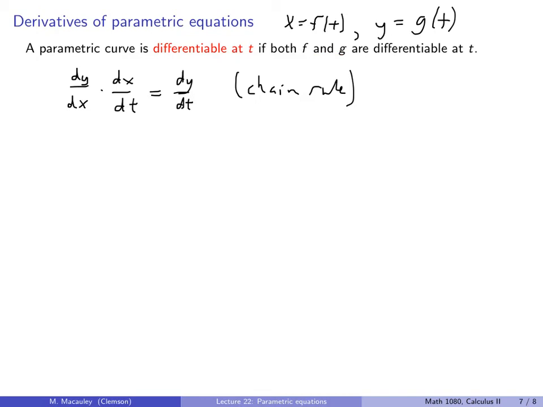So assuming that this is non-zero, we can solve for dy/dx. So let's write that down.